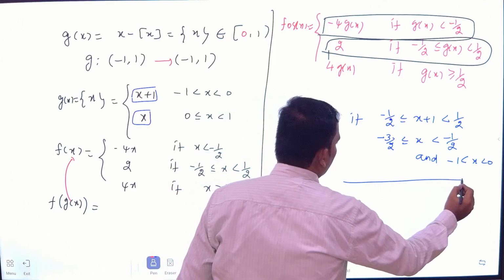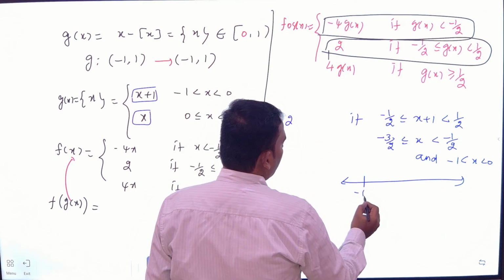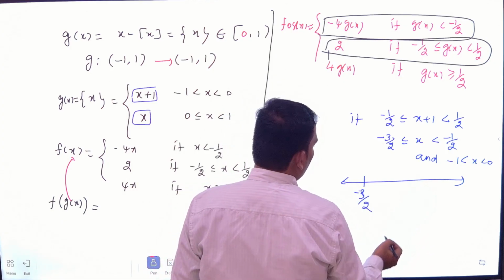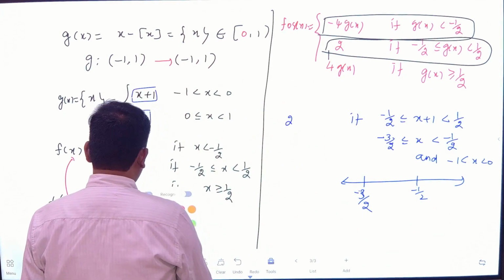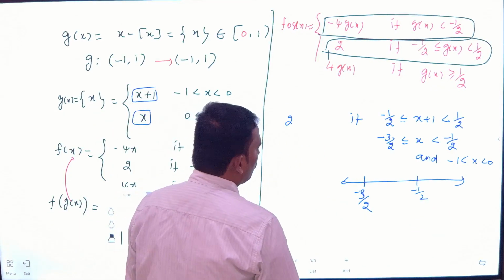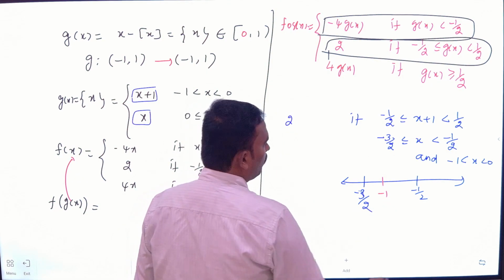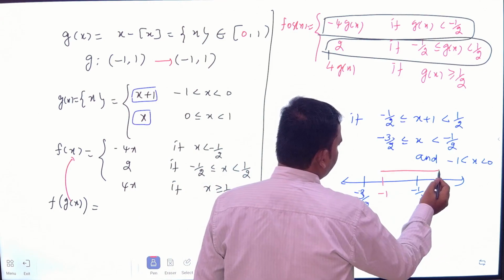Now check here quickly. Minus 3 by 2 to minus 1 by 2, right? And the next one is what? Minus 1. Let's take here minus 1, right? Minus 1 to 0. Let's take 0, minus 1 to 0 here.